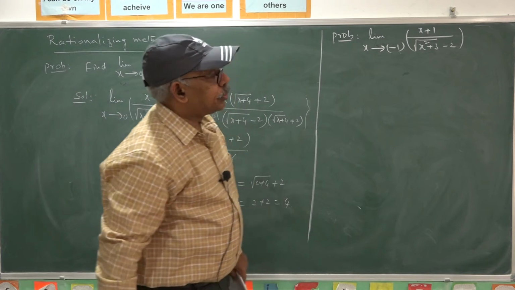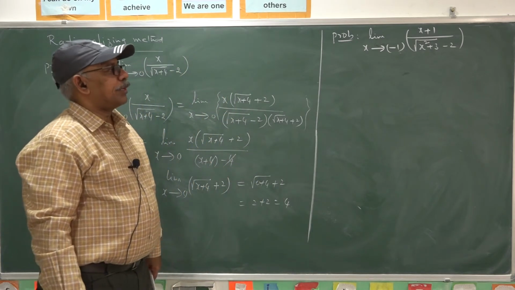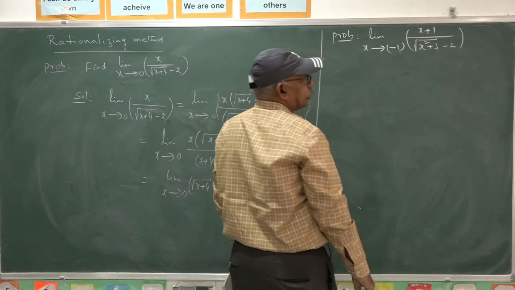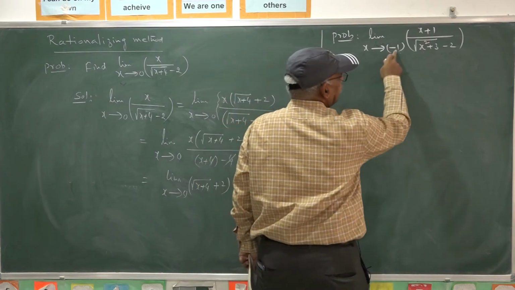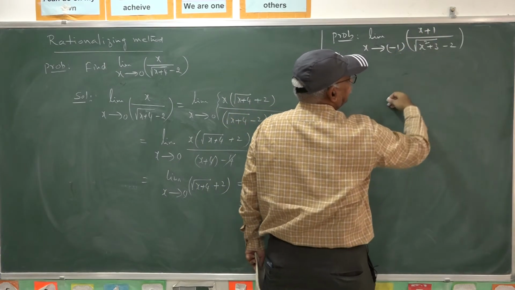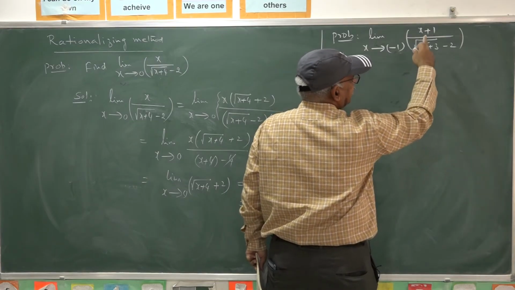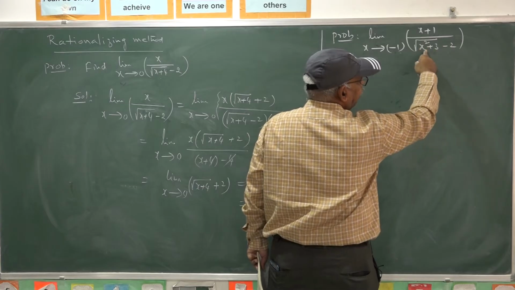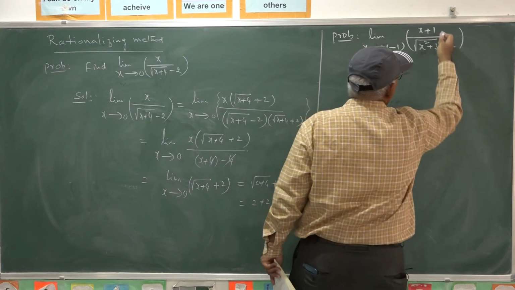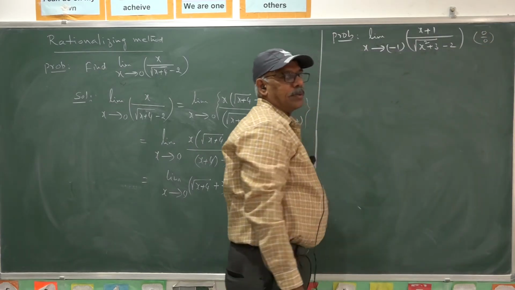Clearly, as x is nearing minus 1, the numerator is 0 because minus 1 plus 1 is 0. And minus 1 square is 1, 1 plus 3 is 4, 4 under root gives us 2, 2 minus 2 is 0. So clearly it takes the 0 by 0 form, an indeterminate form.